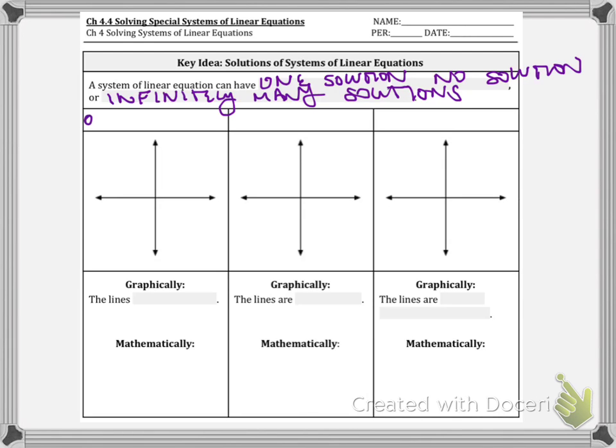So let's take a look at one solution. With one solution, you will have two lines. And in every system, you'll have two lines. So here's one line, and then you will have a second line, like this. And they intersect at one point.